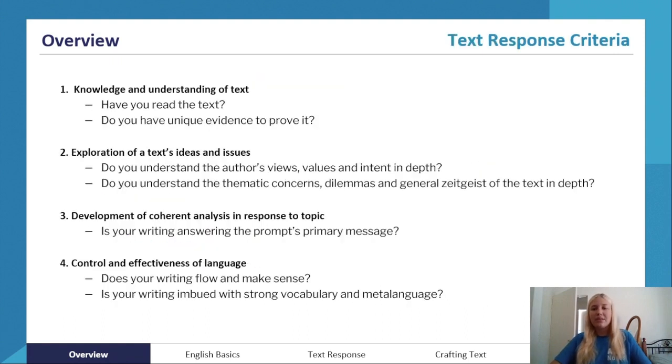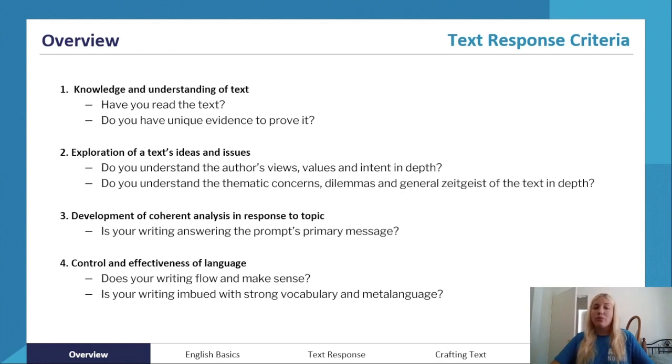So, how you will be assessed for your text response criteria, assessors will be looking at whether you have demonstrated that you have knowledge and understanding of your set text. To show that you do, you must have strong interpretations and a range of different evidence and quotes.